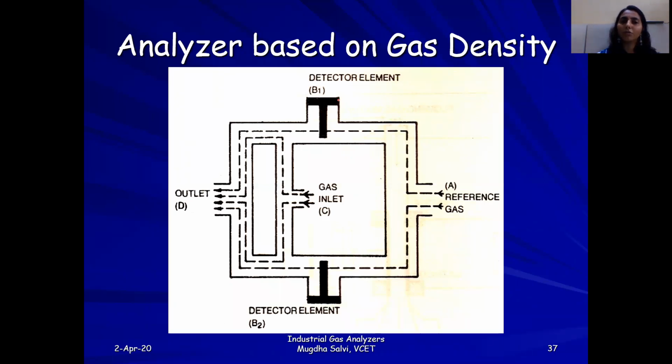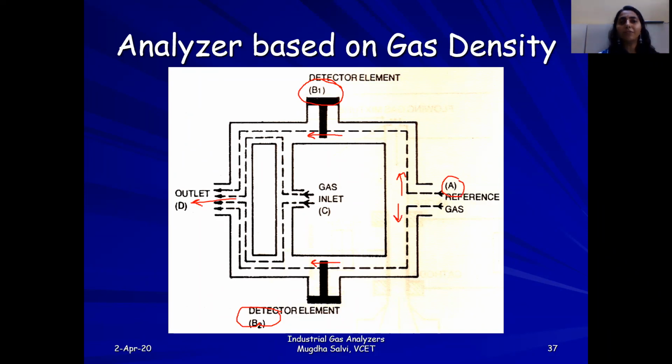Here also we have two heated elements, B1 and B2. These are two detector elements. The reference gas is entering through inlet A. It is divided into two paths. It moves over these two filaments, B1 and B2. Then it comes to the outlet.